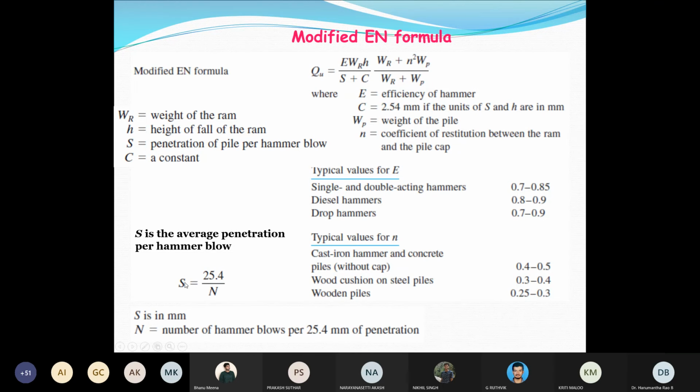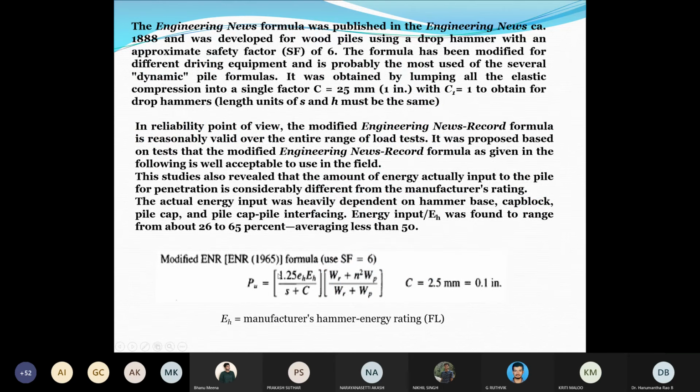So how many blows are required for driving 1 inch of the pile into the soil? That is defined as the penetration of the pile, represented by a capital S.